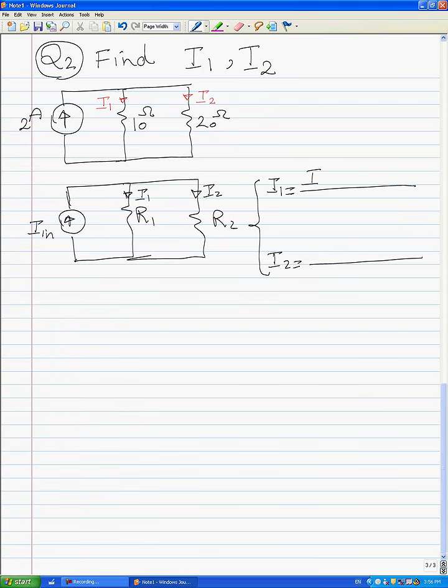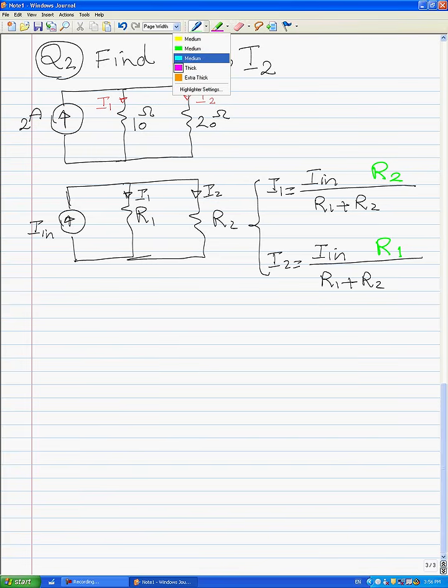I1 is equal to the input current divided by R1 plus R2, and for I2 we have the same scenario again: I in divided by R1 plus R2. Only for I1 we need R2 here, and for I2 we need R1 here.